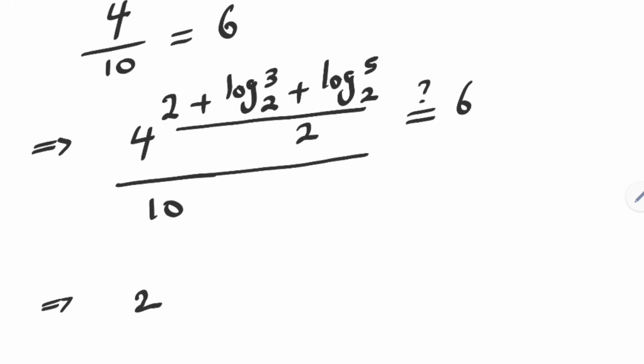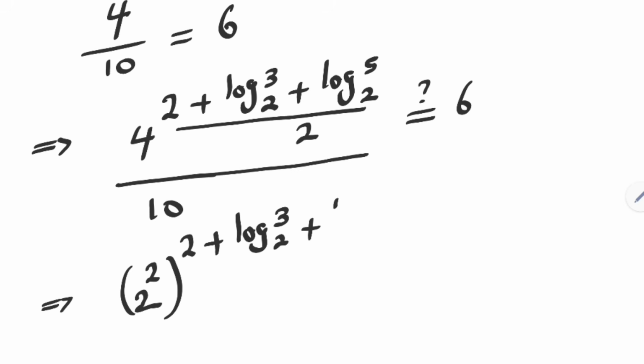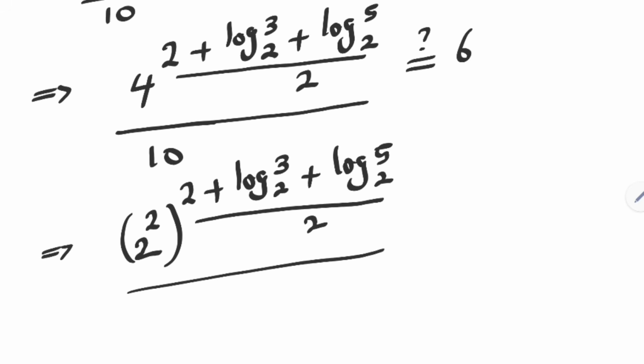4 can be written as 2 square, to the power of 2 plus log 3 base 2 plus log 5 base 2, divided by 2, then divided by 10 must be equal to 6. This cancels this.